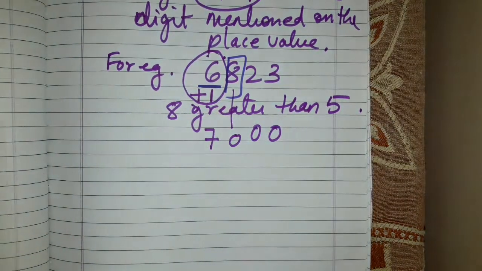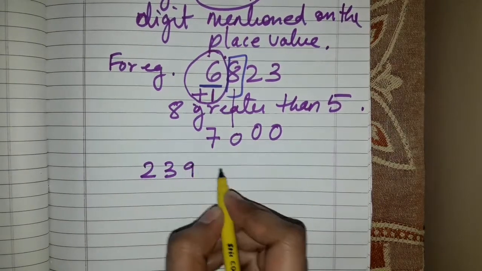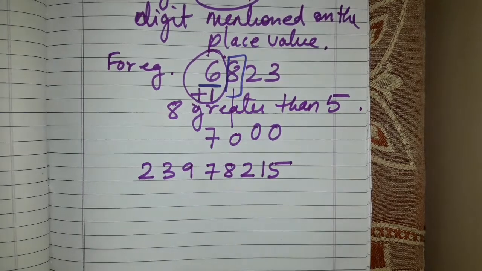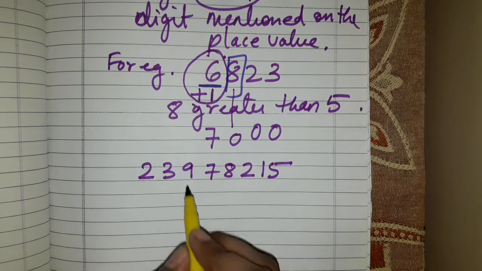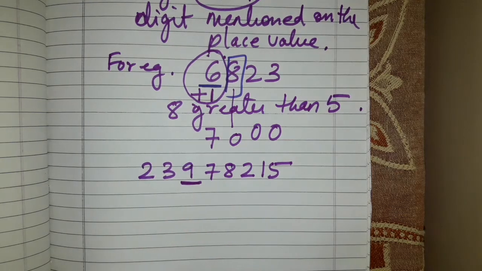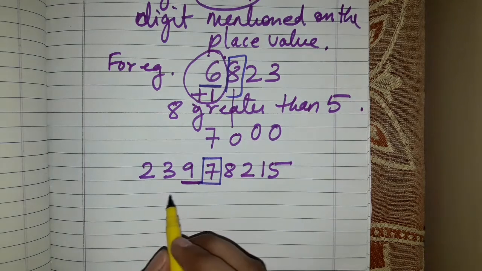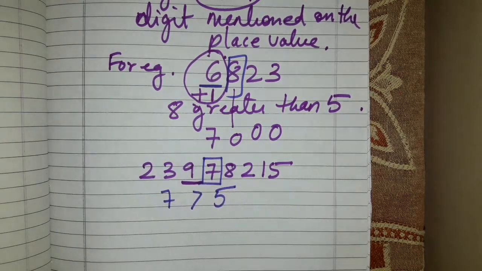Let's take one more case, and now let the number be 23978215. Suppose I want to round off this number nearest to this place. So I will see the digit which is on the right hand side. Now this right hand side number is 7, which is greater than 5. Now what will it do?